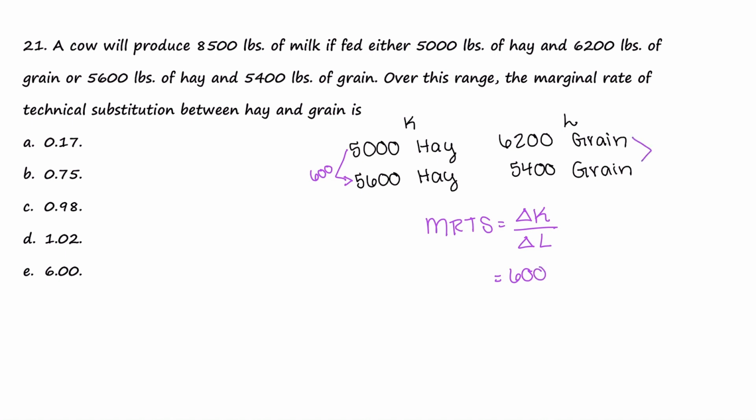And from here to here, which is 800. Technically, that's a negative, and that's a negative, but we're going to take the opposite sign of it anyway, because our marginal rate of technical substitution has to be positive. So we're going to have 600 over 800, which is 3/4 or 0.75.